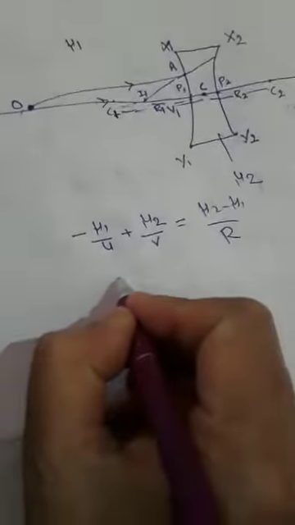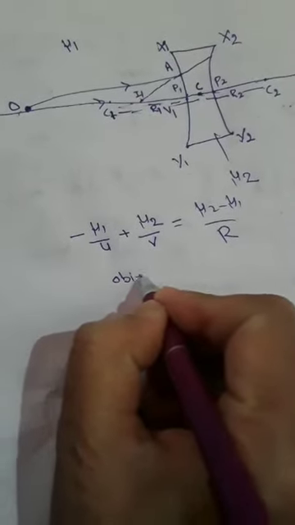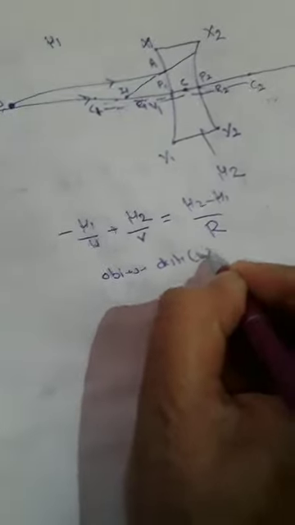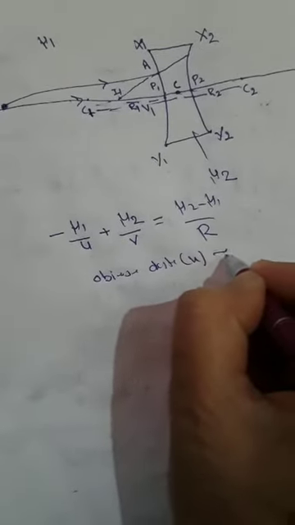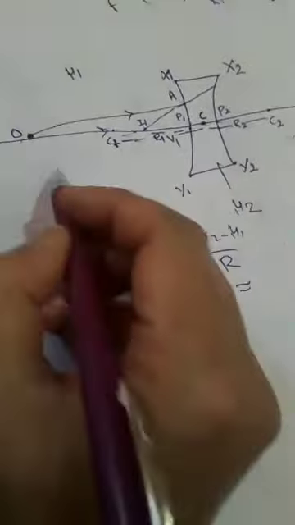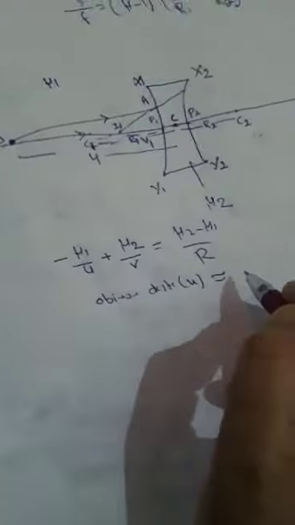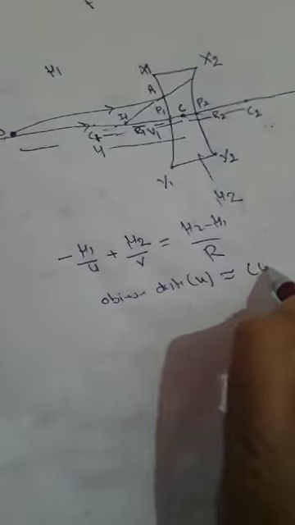Here the object distance u is almost equal to the distance from the center of curvature; if you take C O it is almost equal, and we measure from the pole, so p1 O is equal to the object distance u.